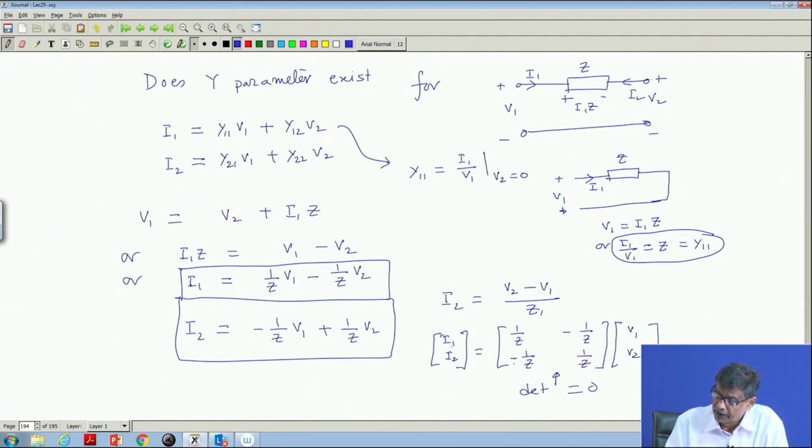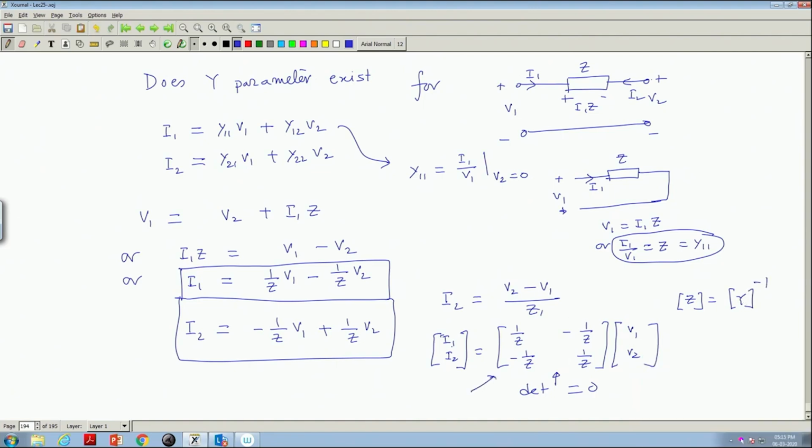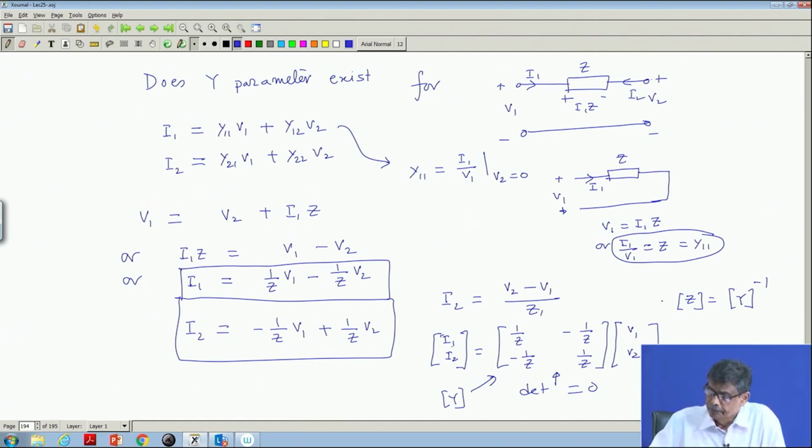So y parameters exist, but if you wish to calculate z parameters, you must take the inverse of this y matrix. We find the determinant is 0. You have to divide all the elements by determinant 0, then all the elements will blow up to infinity, and it is of no use to us.